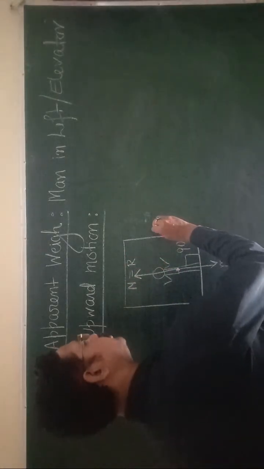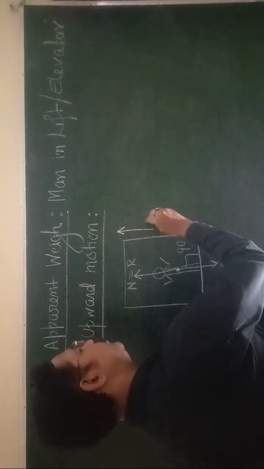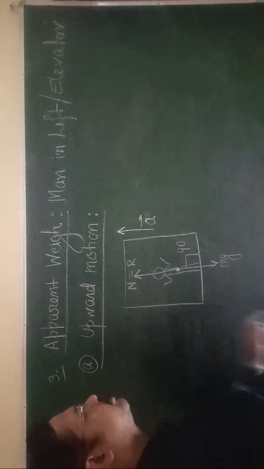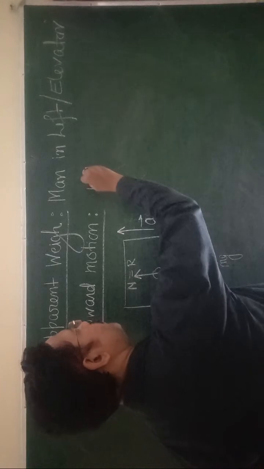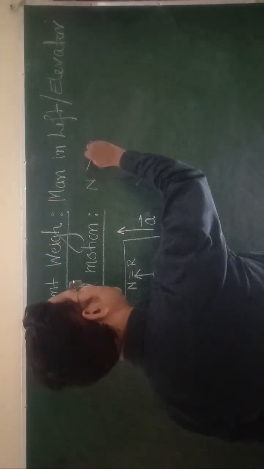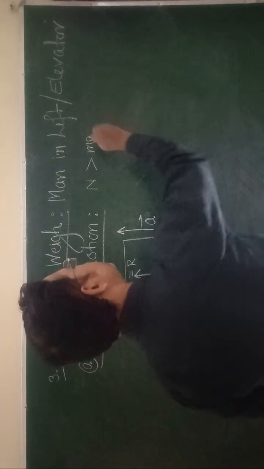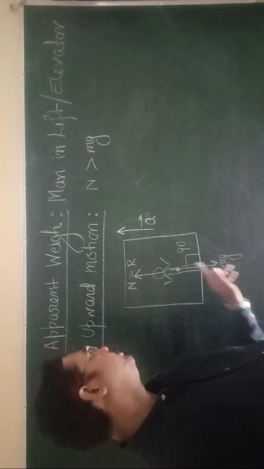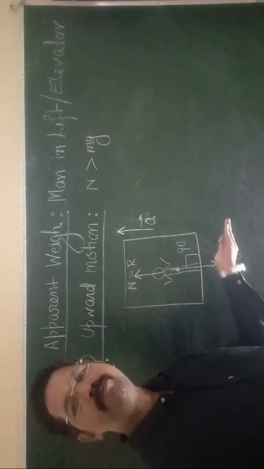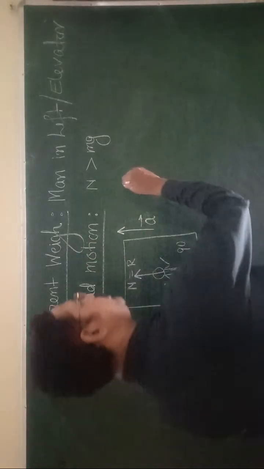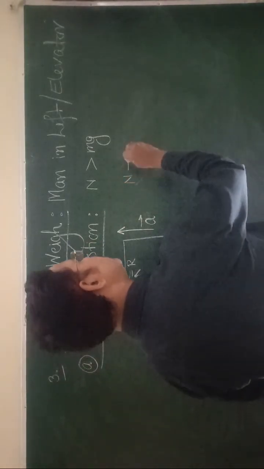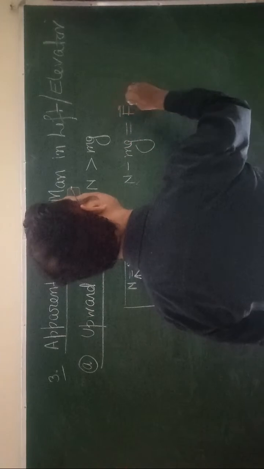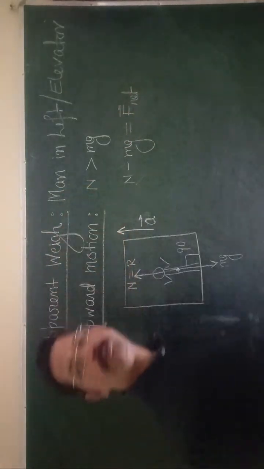If it is going upward, it means the acceleration of the lift is in the upward direction. It means the upward force is larger than mg. Your force is mg, but the normal force is more. So the lift goes upward. I am writing here N minus mg is equal to net force. This is very important to know.